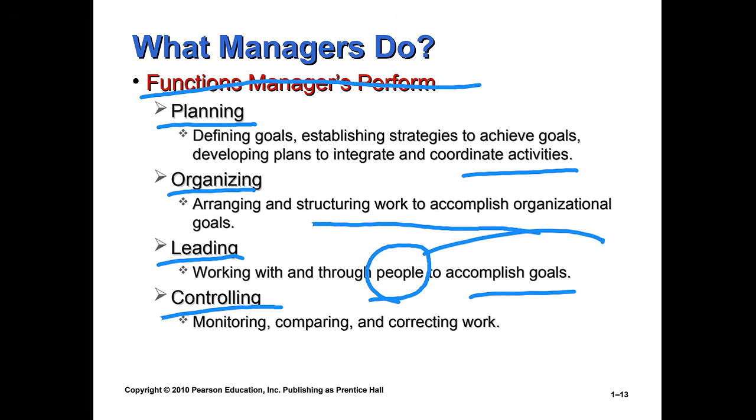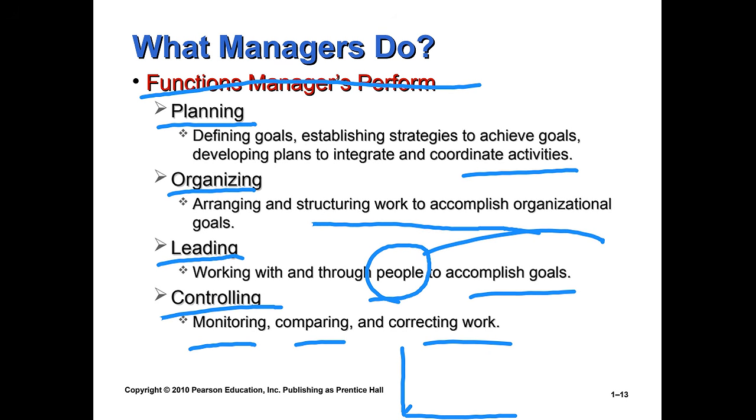And controlling is the last thing, in which you are involved in monitoring, comparing, and correcting work so that you are achieving the company's objectives, so your targets that they have set. That's how companies set their targets.